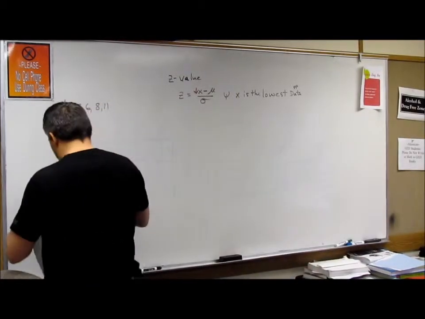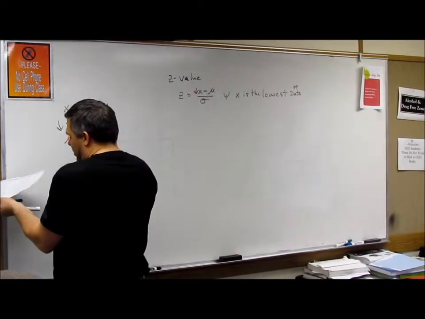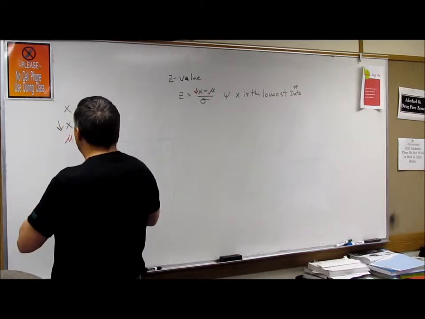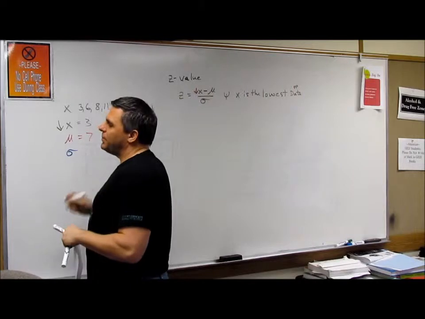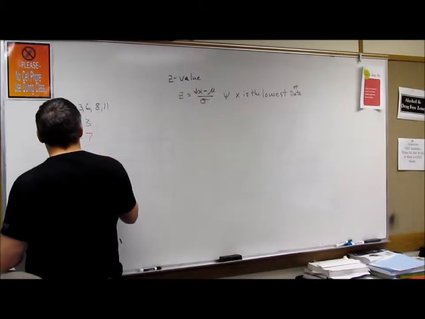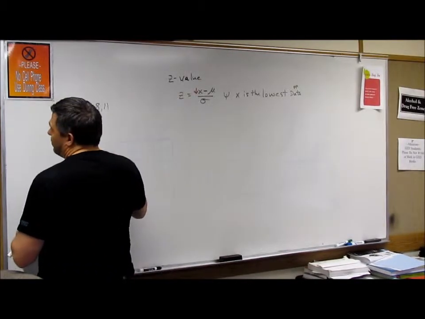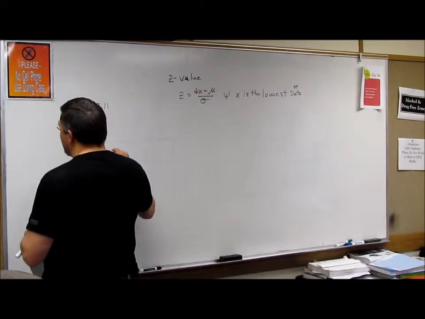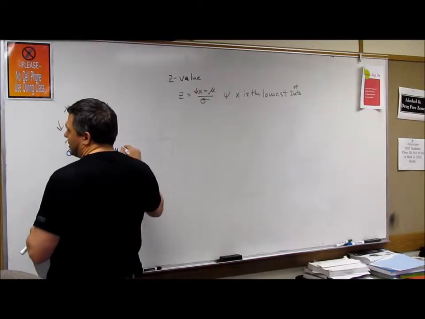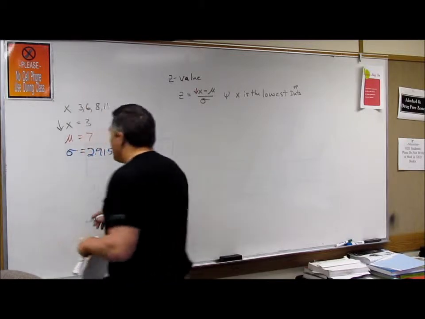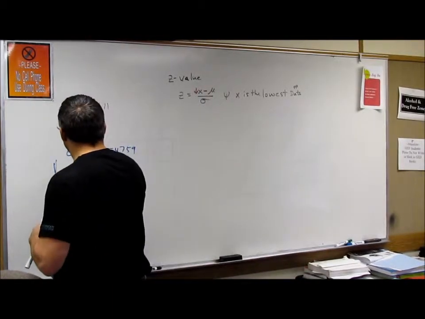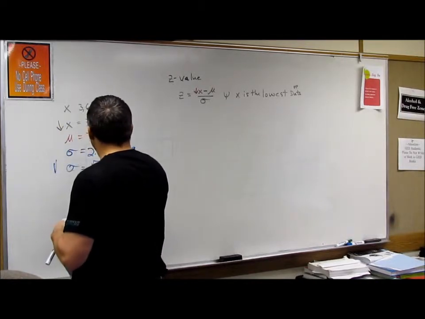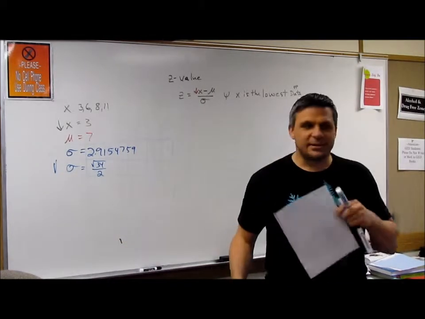And then our little sigma, our population standard deviation, was equal to 2.9154759, right? But that's why we also did it the other way. Sigma was equal to the square root of 34 over 2. It's the same thing.